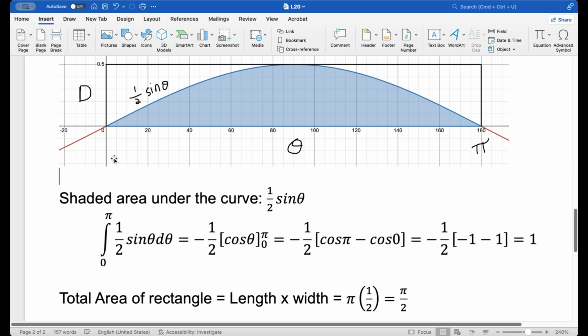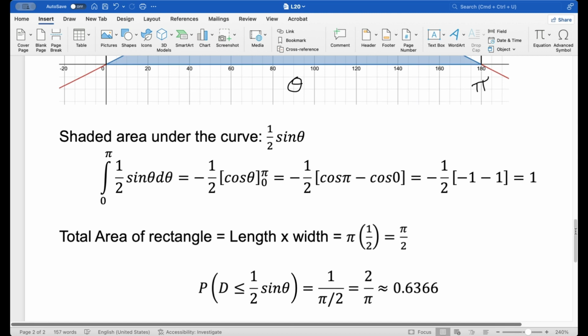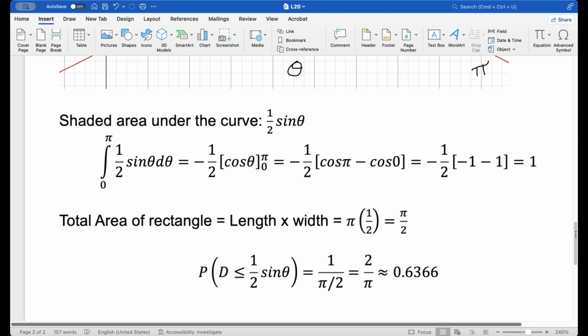So the region that satisfies the condition for the needle intersecting the line has area 1. The total area representing all possibilities is pi over 2. So the probability of success here is 1 divided by pi over 2. And then that flips over to 2 over pi, which is approximately 0.6366.